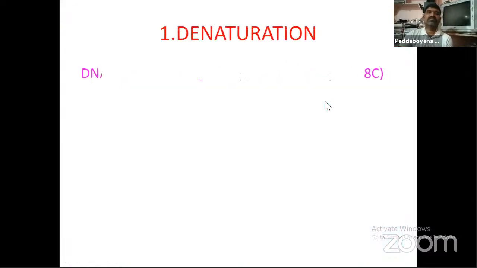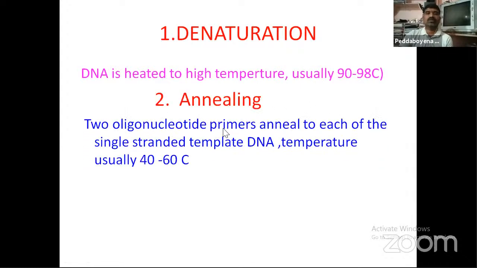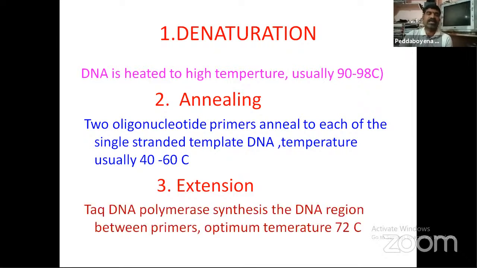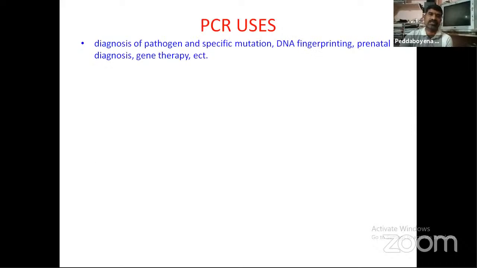The two oligonucleotide primers anneal to each of the single-stranded template DNA at usually 40 to 60 degrees centigrade. And for extension, 72 to 75 is very important. In extension, Taq DNA polymerase synthesizes the DNA region between the primers, and the optimal temperature is 72 degrees centigrade.